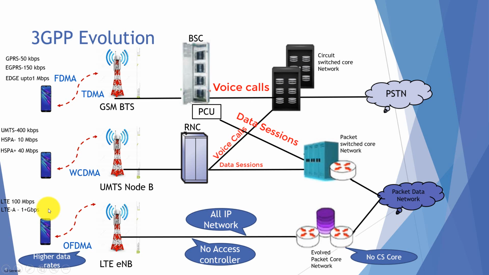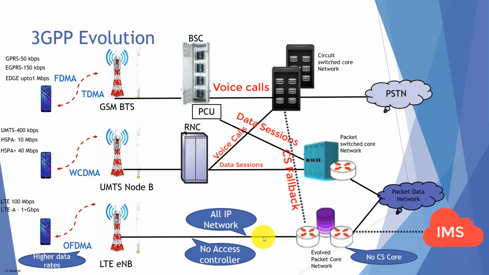If you focus on this image, you will find that the 4G network is not connected to the CS network. No CS core here, so accordingly the 4G network alone cannot support any voice calls, text or SMS services. It must be able to make a CS fallback, which is the circuit switching fallback to the 3G or the 2G networks, to make a voice call, or be connected to another network, which is the IMS, IP multimedia subsystem.